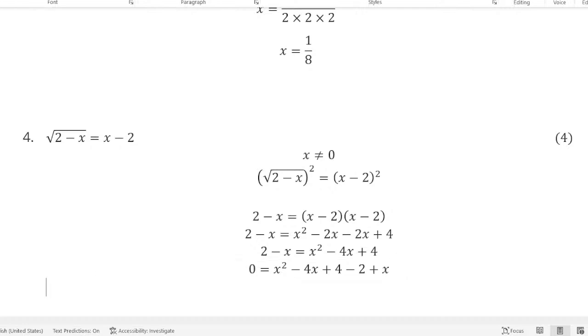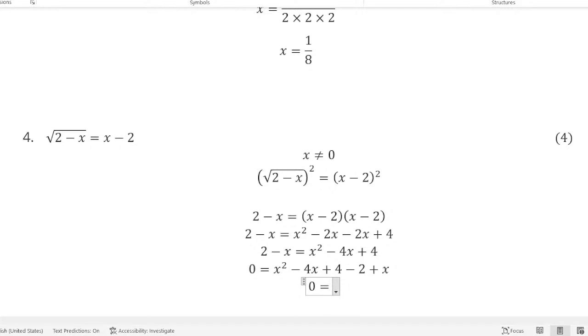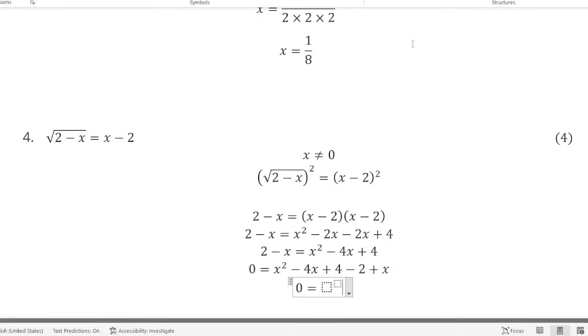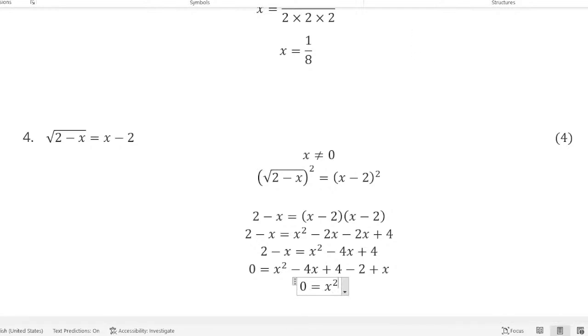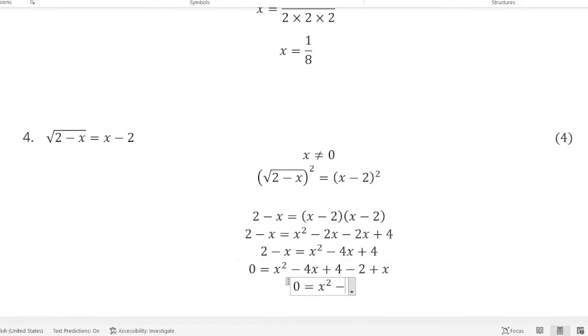So here we have 0 is equal to x squared, right? Then minus 4x plus x, we have minus 3x, right?